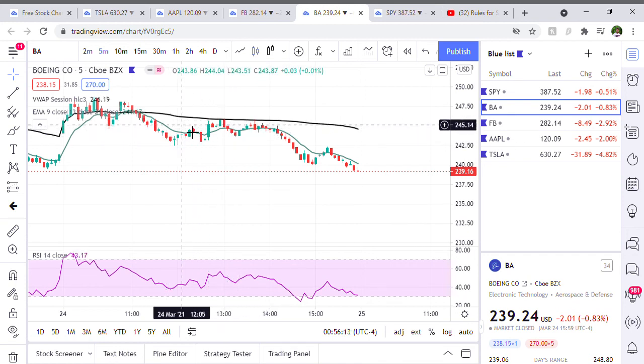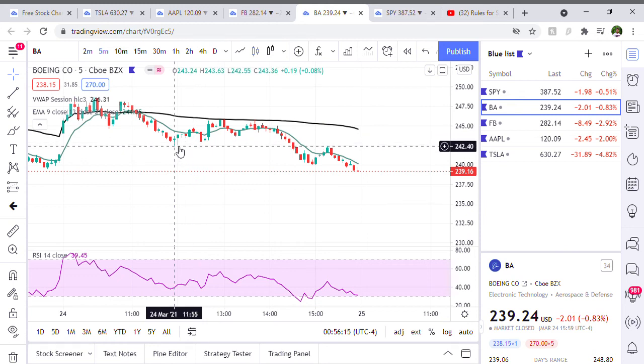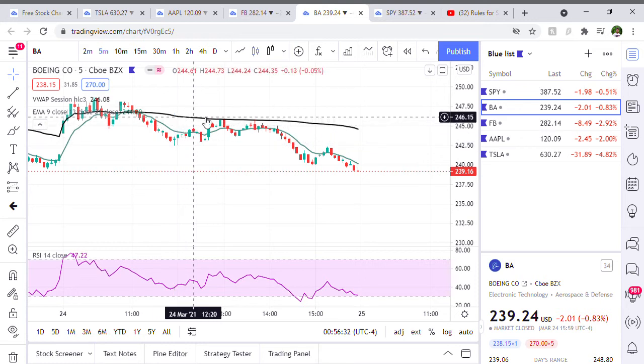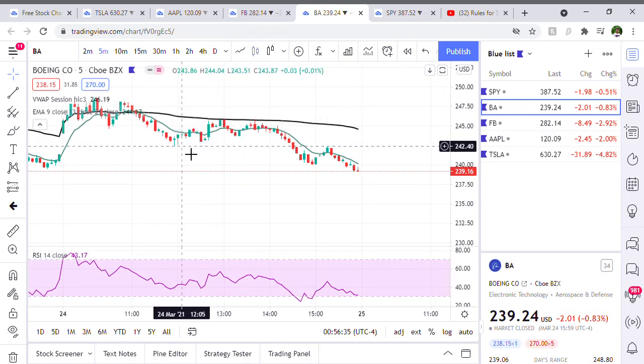If it came to the 9 EMA line, then it has formed a low over here at 242.53. So now this is my new entry, 242.53 minus 20 cents, that is 242.33. It spent a lot of time in this range, and finally it came over here.